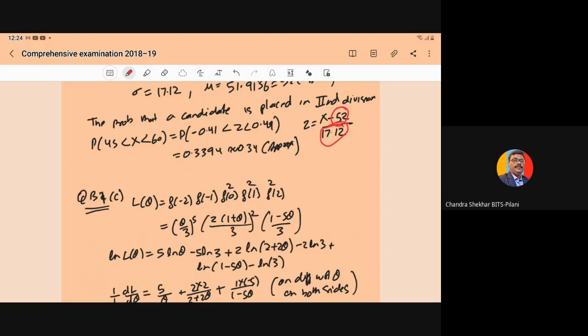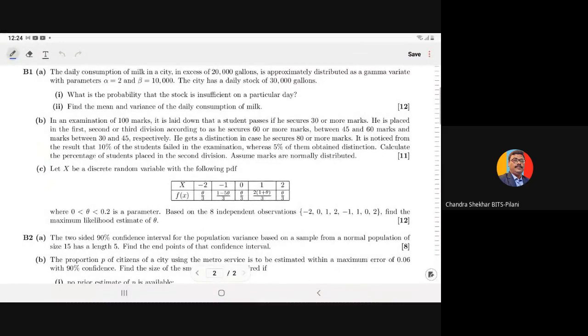Here, in the sample we have -2 a single time, then -1 also a single time, then we have 0 two times, then we have 1 two times, then we have 2 two times.